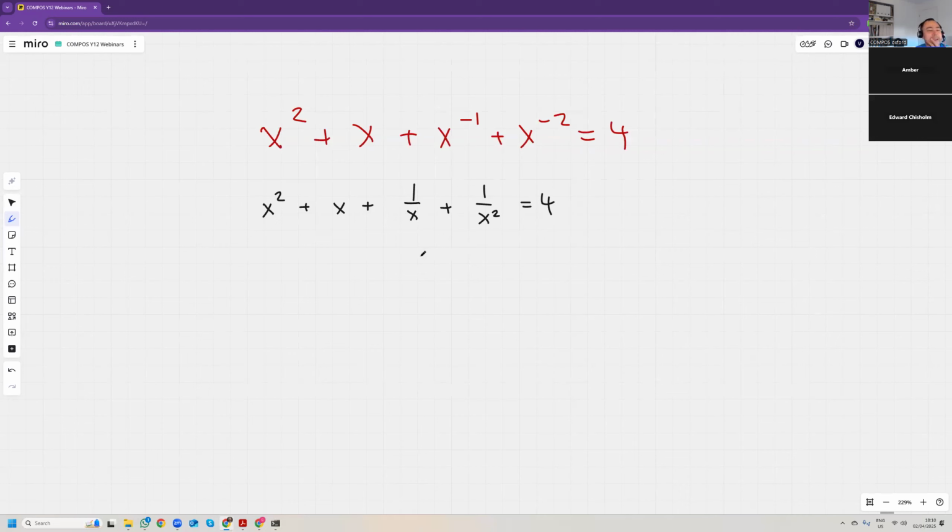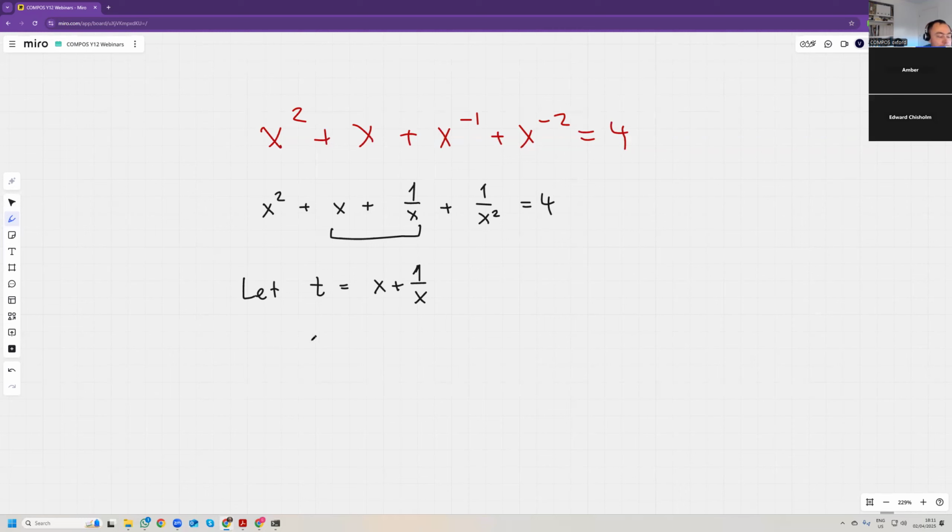The standard approach in a situation like this, when you see pairs of opposite powers, so 2 and minus 2, 1 and minus 1, would be to let t equal x plus 1 over x.